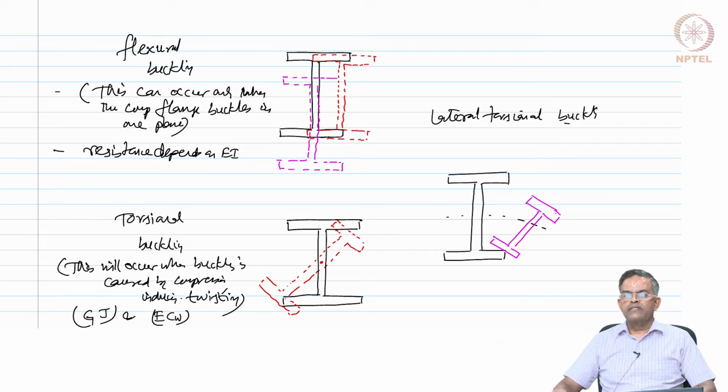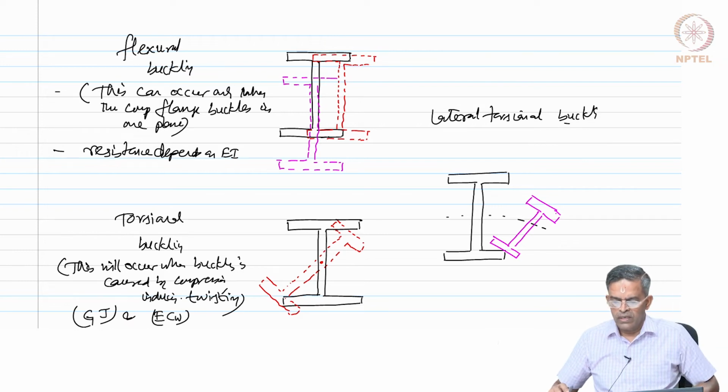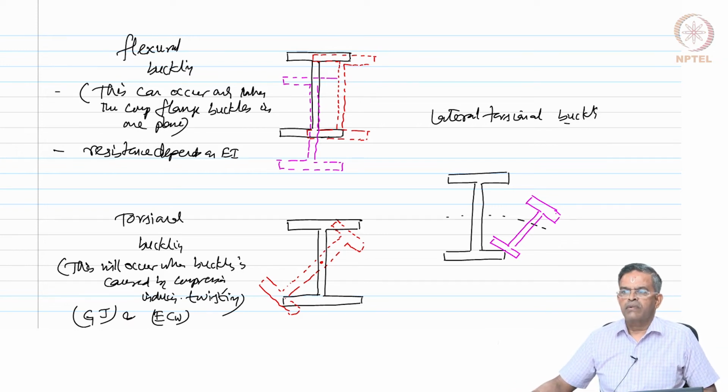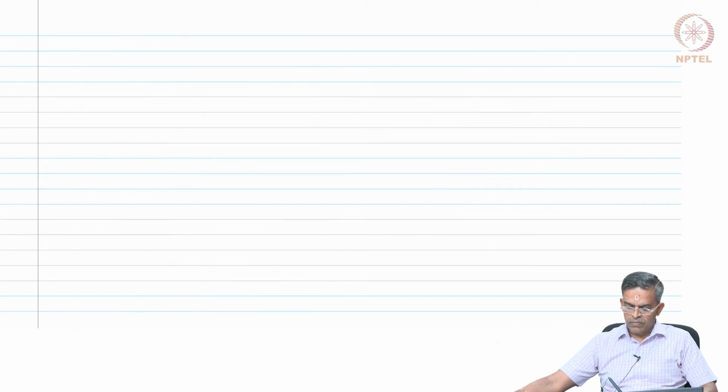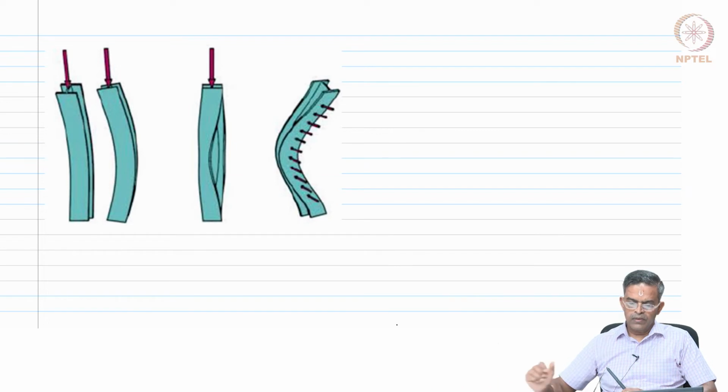In some cases, when the beam is subjected to axial compression, it may experience both flexural and torsional buckling. This combined mode is called flexural torsional buckling, also known as lateral torsional buckling. So, you can also see the picture on the screen.